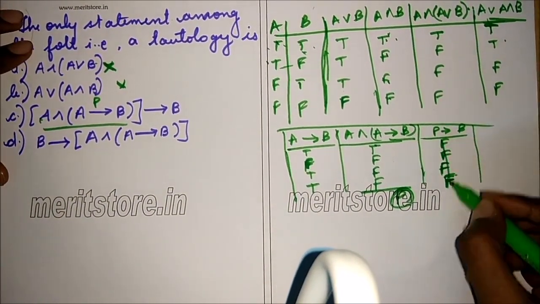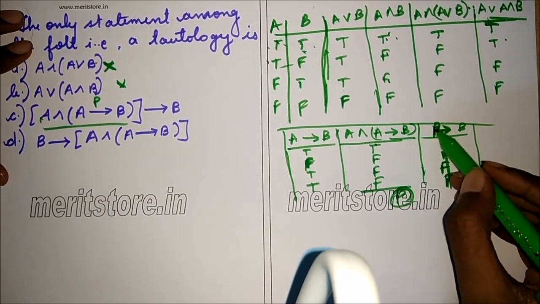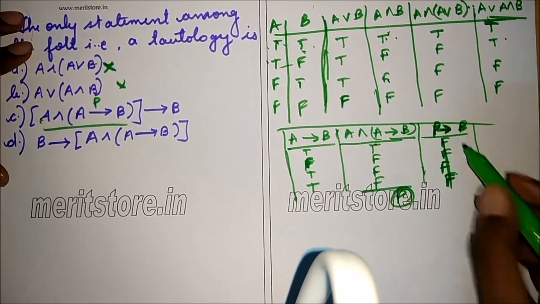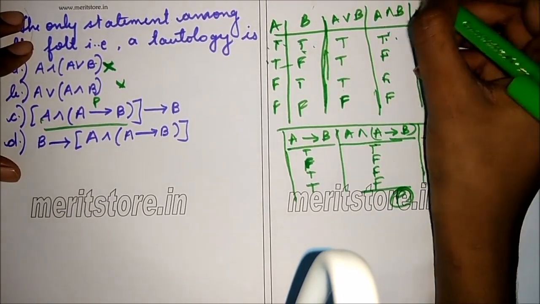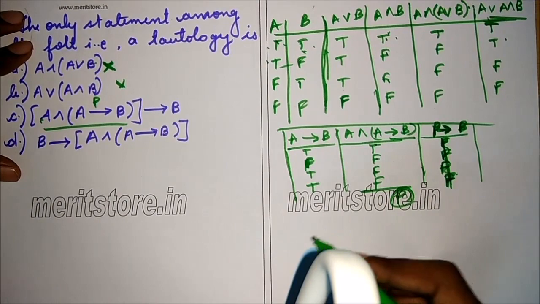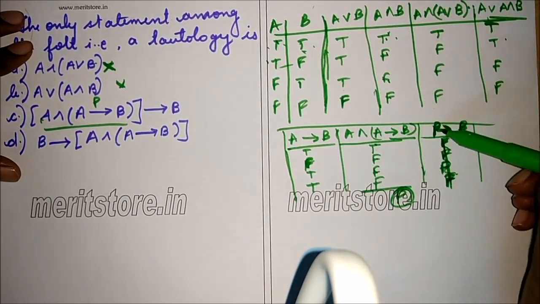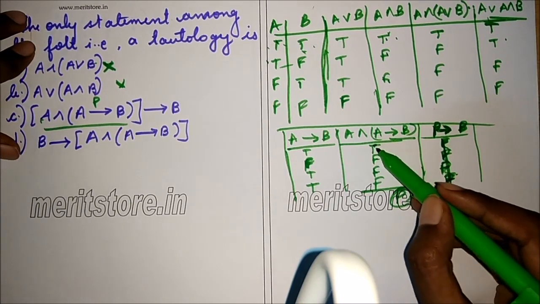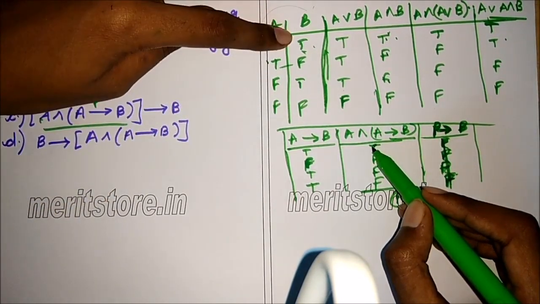There's a correction. The condition for an implication statement to be false is TF. See here, in this case there is no TF. For P, when the first statement is true, that is when P is true, B is not false.